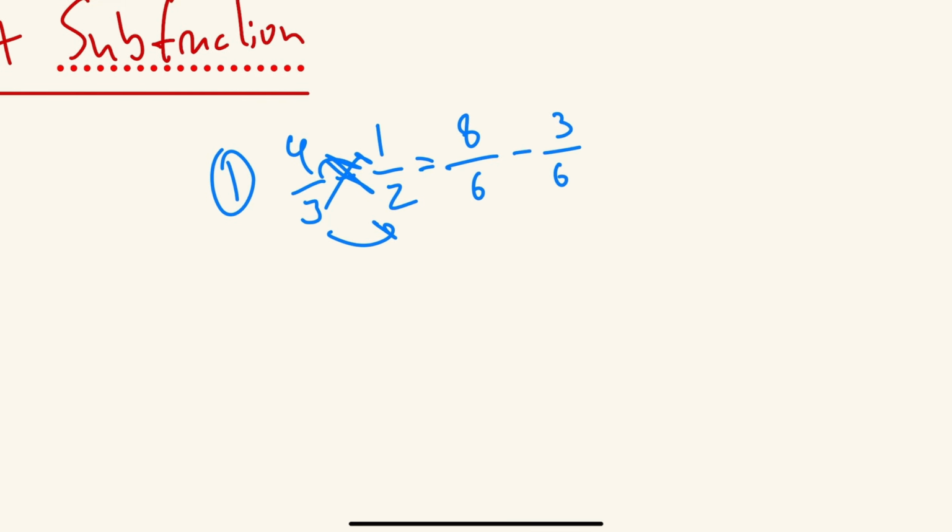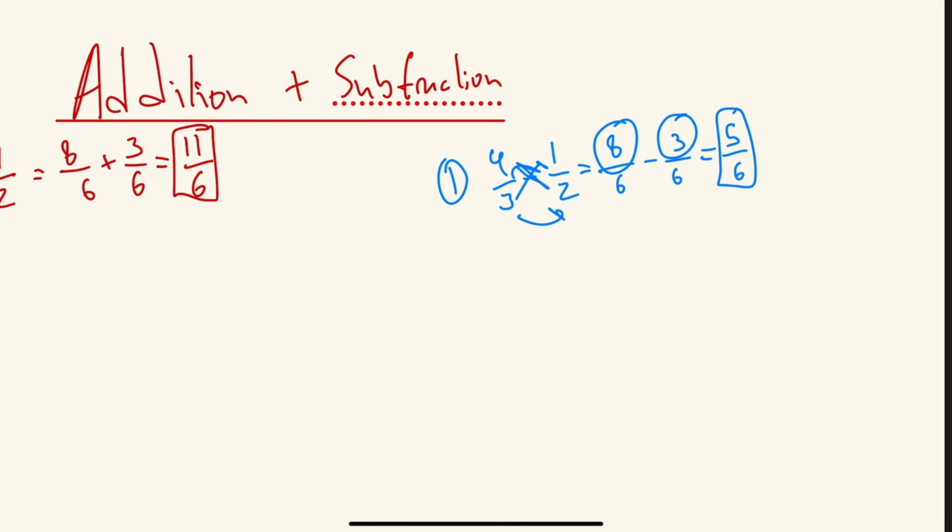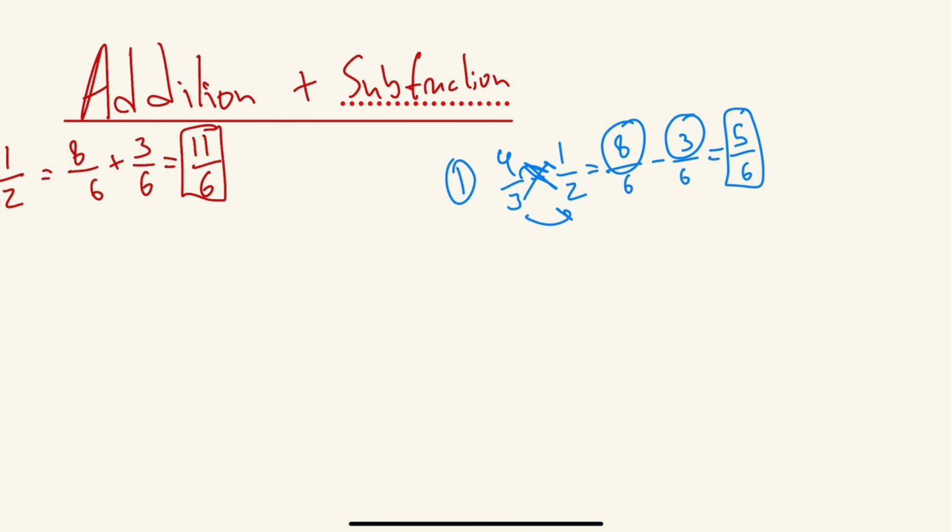Now we can just minus: 8 minus 3 equals 5, and keep the denominator the same, as always. So this is the right answer. And you can use this method with every single one, addition and subtraction, which makes it a useful one, of course.